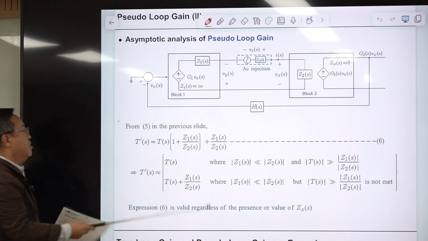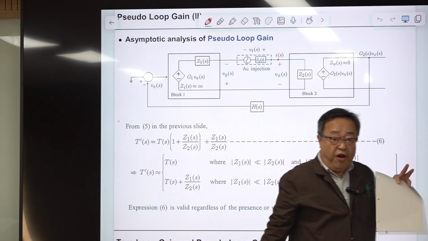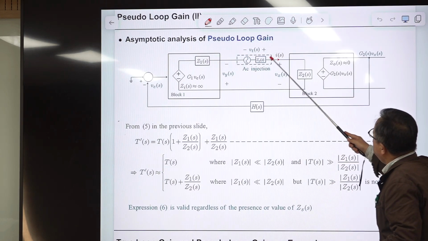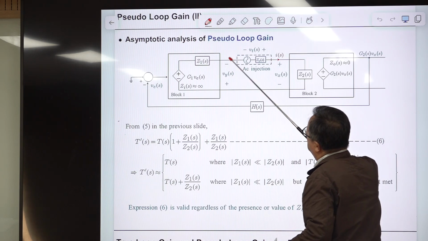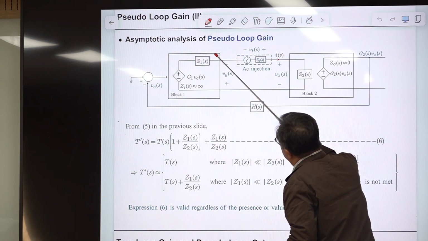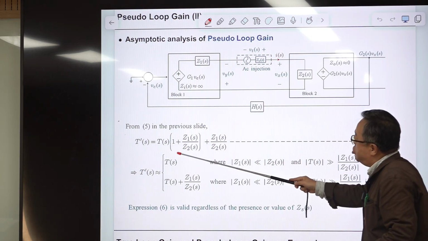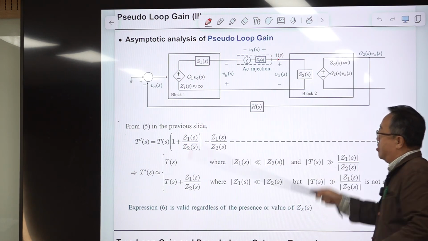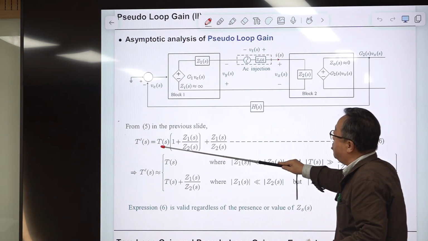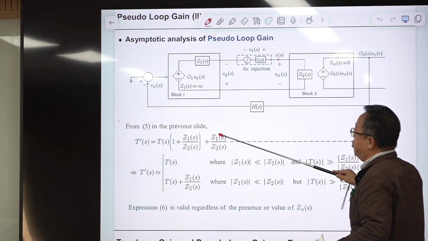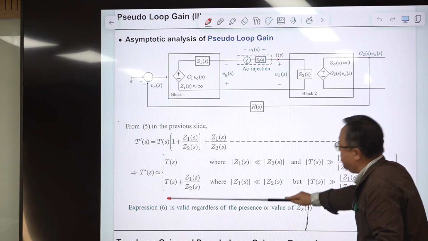Usually this injection point is selected where the impedance seen in this direction, G2S, is much larger than the impedance seen in this direction, which is G1S. If that is true, this term can be ignored, and then the equation becomes TS plus G1S divided by G2S, which is this expression.